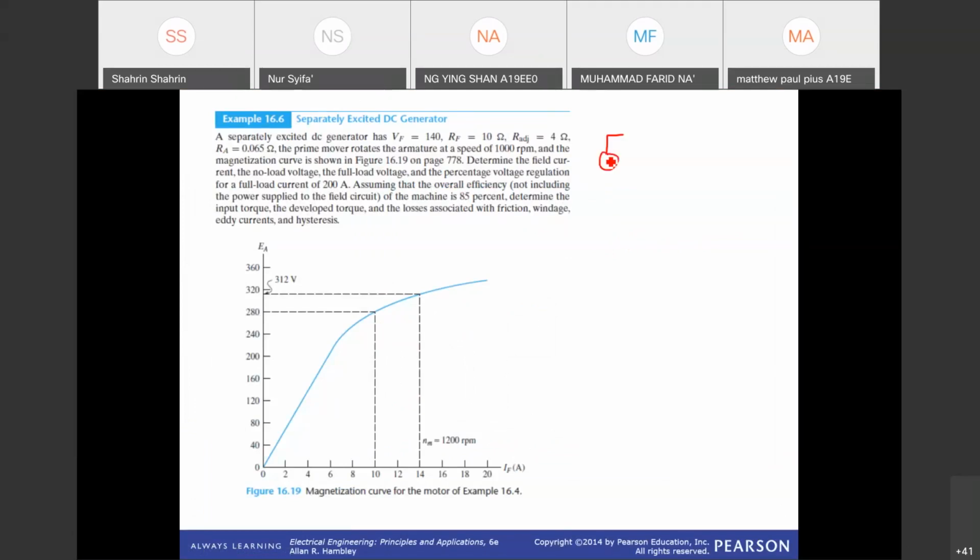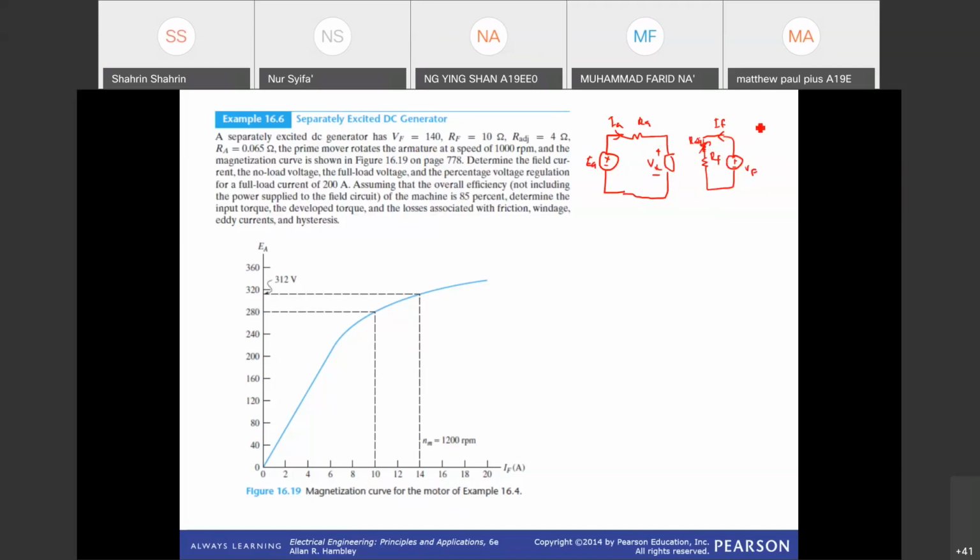We have the back EMF, and then we have RA, and this one is your current IA, and this is your electrical load, which is your VL, and we have another circuit, which is the field circuit. So we have this VF, IF, and this is your RF with an adjustable resistor here, R adjust.